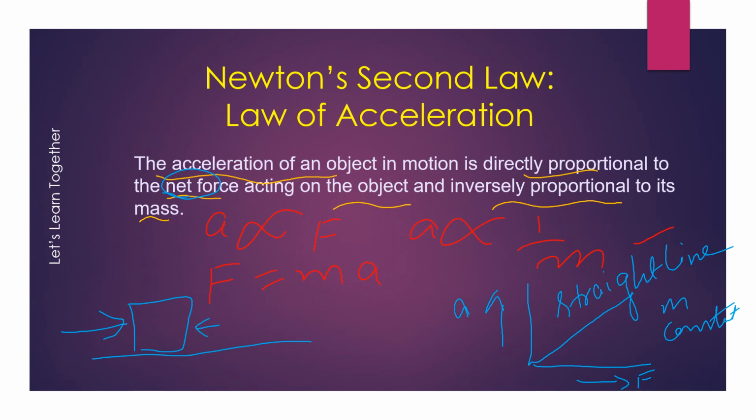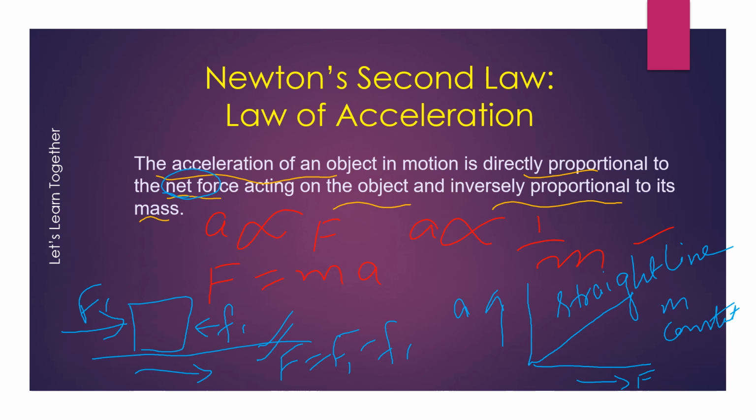So the resultant force F would be big F1 minus small f1, right? This resultant force will define how much acceleration that object will take, and this acceleration will define its speed or velocity, right?